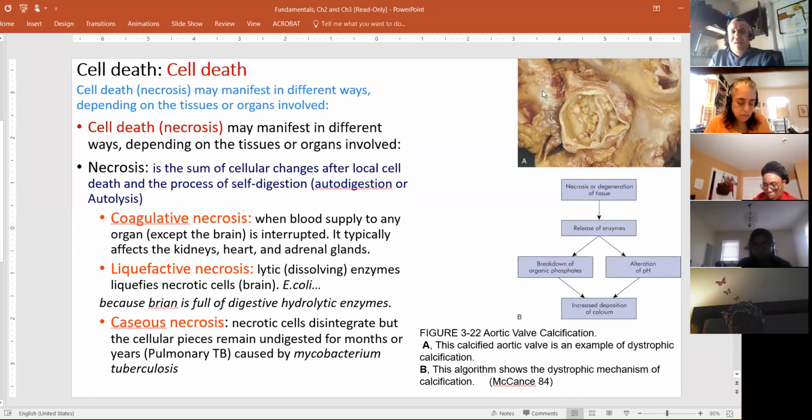So for cell death, we have two different types. The normal cell death is when the cell reaches some point or some age or certain number of days and it will die normally, which is called programmed cell death. The scientific term for that is apoptosis.